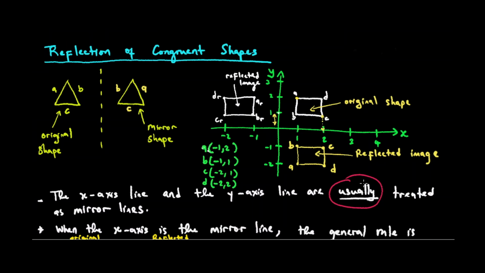But our questions will usually say: state the coordinates of the vertices A, B, C, D after reflection.